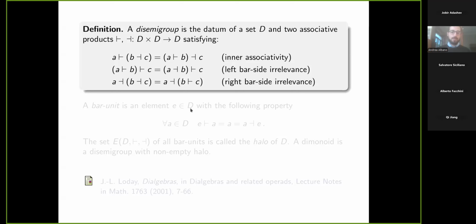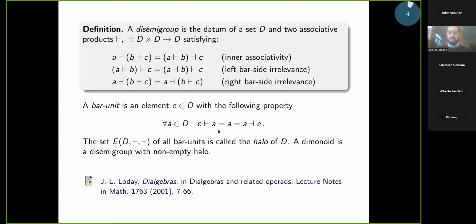Now, a bar unit is an element e in D, in a di-semigroup, with the property that it behaves as a unit element on the bar side of both operations. The set of all bar units is called the halo of D, and when the semigroup is furnished with a non-empty halo, then we say that the semigroup is a di-monoid. So a di-monoid, briefly, is a semigroup with non-empty halo.